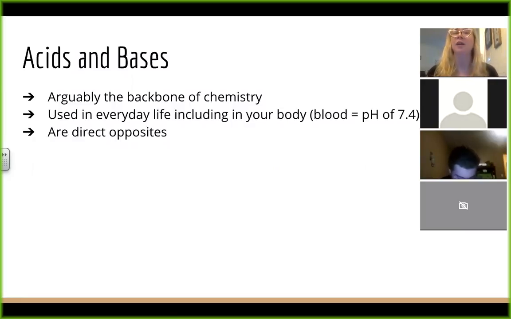Including in your body. Your blood has a pH of 7.4, right? So your blood is slightly basic, and that's a super important number. If it varies even the tiniest bit, you could die, right? So your body is constantly working to maintain that pH. And they're pretty much direct opposites. As we'll observe in the properties, you can think of them like opposites, and when they come together, they cancel each other out, basically.